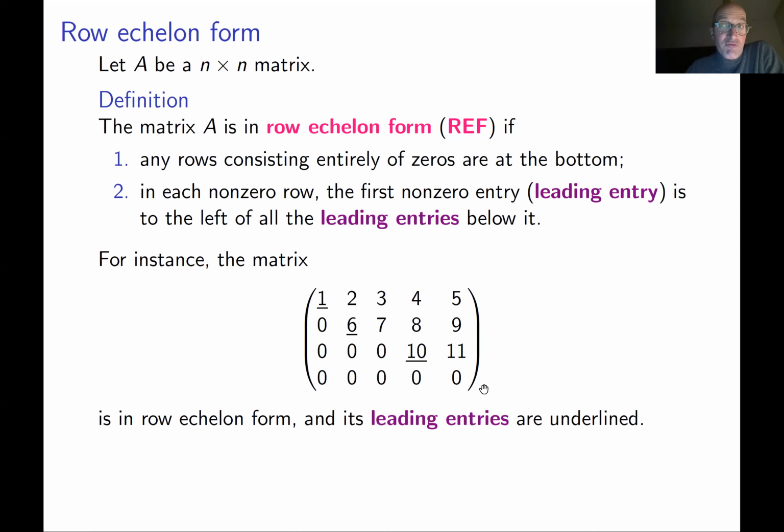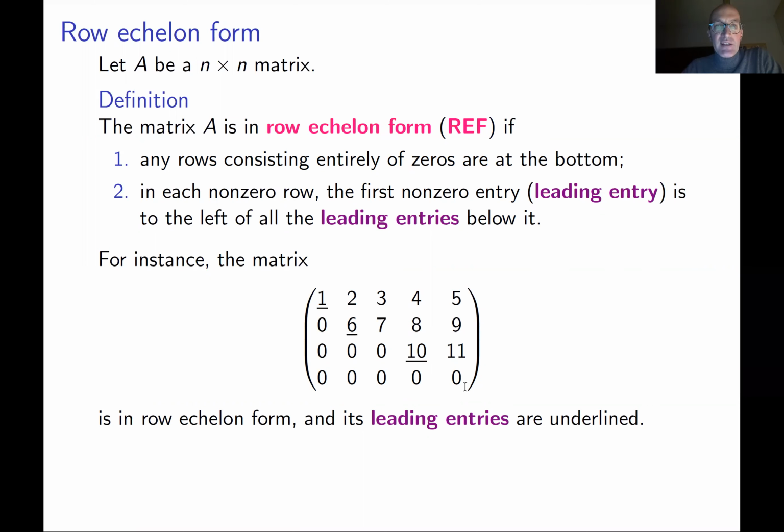So we usually put this zero equation at the bottom of the matrix if it's in row echelon form. So the first condition is that all zero rows are at the bottom of the matrix. It's okay, we can always do this by swapping the rows.